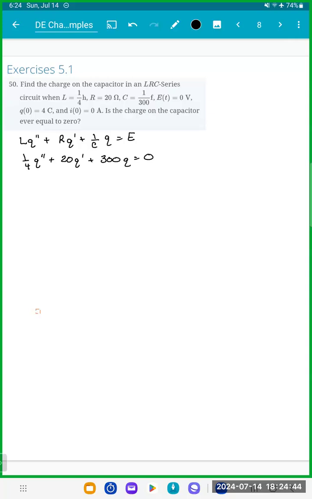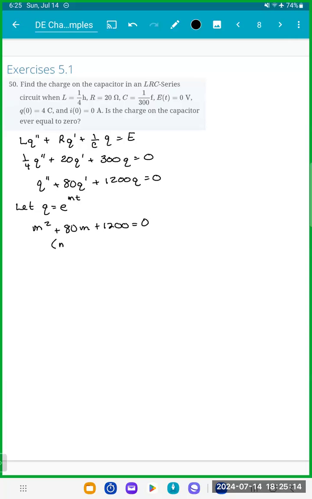Okay, so we can multiply the whole thing by 4, and we'll get Q double prime by itself, plus 80 Q prime, plus 1200 Q is equal to 0. If we let Q equal e to the mt, we'll have our m squared plus 80m plus 1200 equals 0.